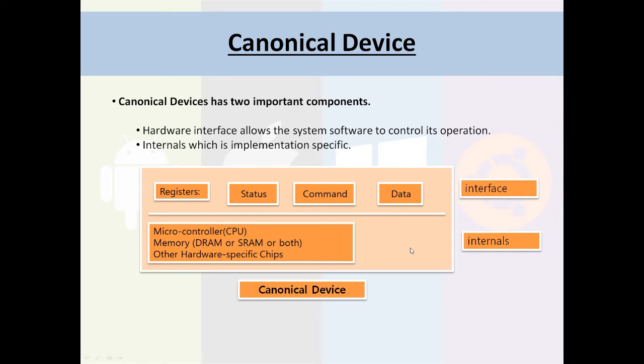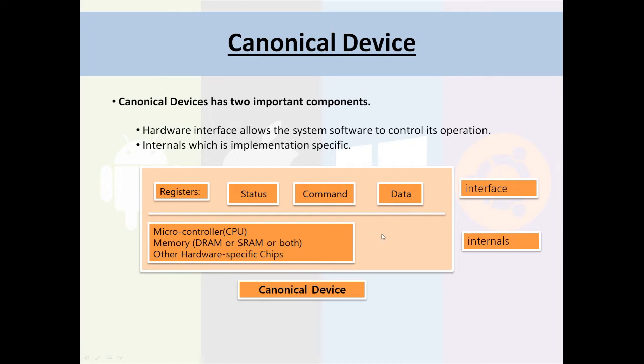And this device's implementation is specific and is responsible for implementing the abstraction that the device presents to the system. So the way that these internals are represented also is what we utilize in order to interact with it as a general user software program.